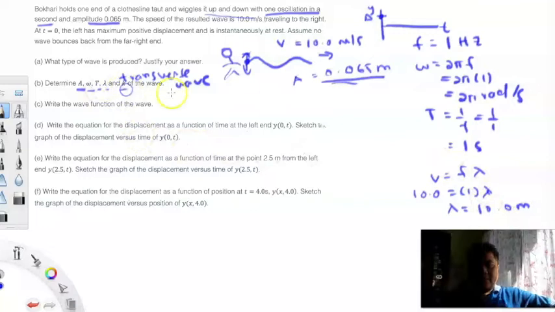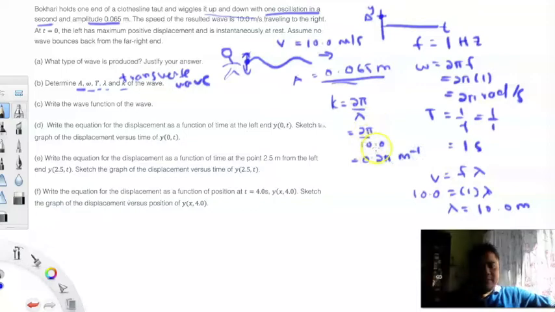Next is the wave number, defined as k equals 2 pi over lambda. Here you have 2 pi over 10, which gives 0.2 pi per meter, meter to the minus 1. So this is the wave number.